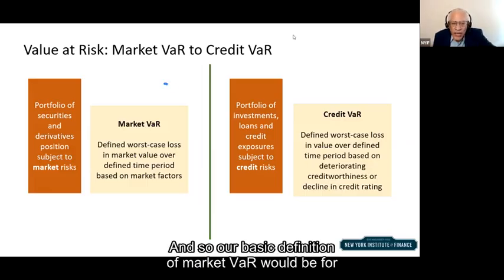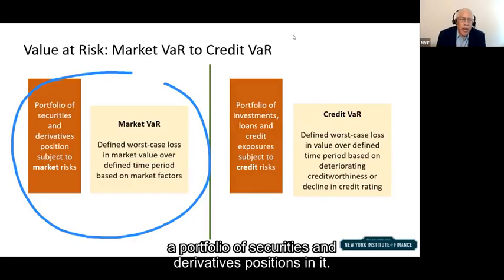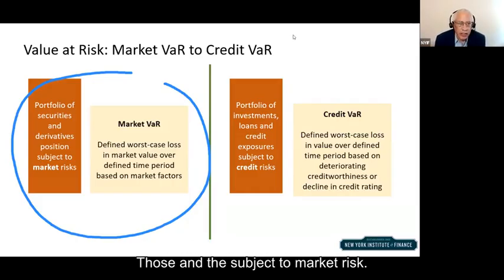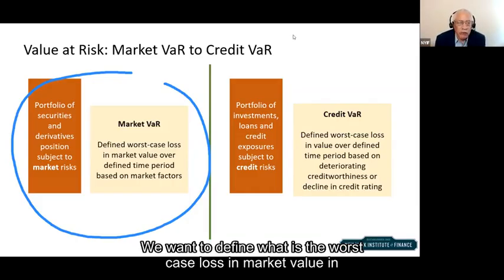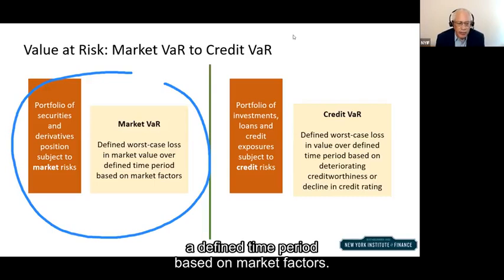And so our basic definition of market VAR would be for a portfolio of securities and derivatives positions that are subject to market risk, we want to define what is the worst case loss in market value in those securities and derivatives trading positions over a defined time period based on market factors.